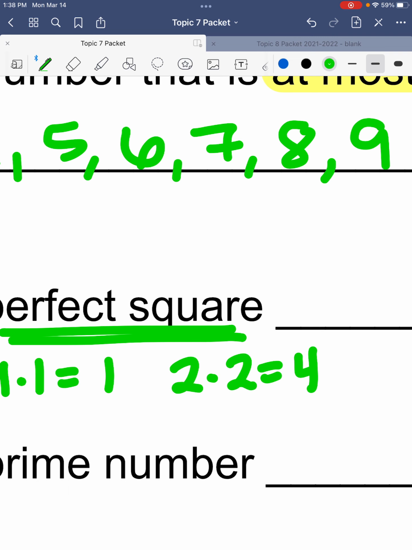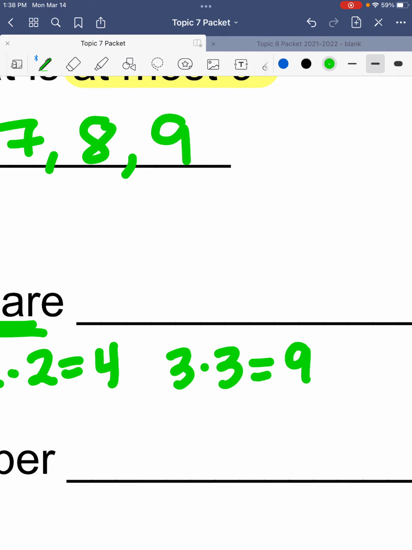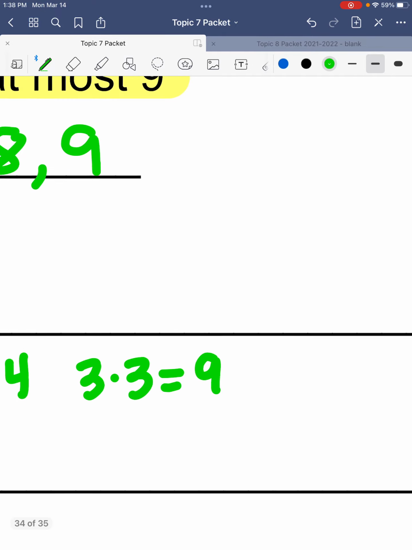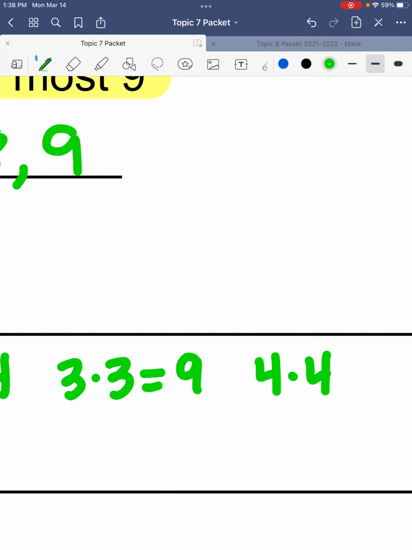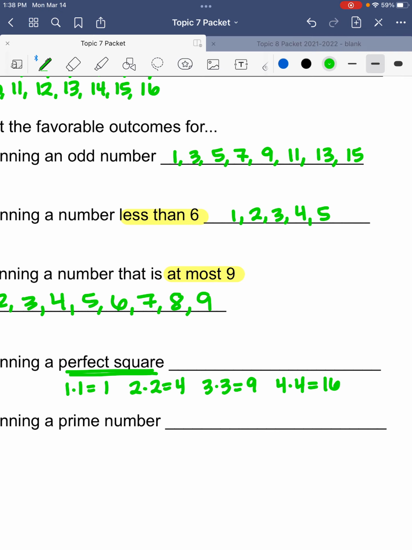That means 4 is a perfect square. 3 times 3 equals 9. That means that 9 is a perfect square. And 4 times 4 equals 16. That means 16 is a perfect square. So in my spinner, the perfect squares that I have are 1, 4, 9, and 16.